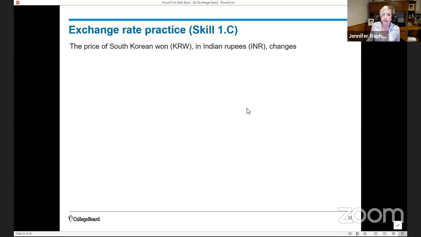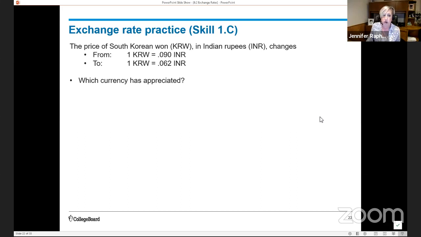Okay, the price of the South Korean won in Indian rupees changes from 1 won costs 0.090 rupees to 1 won costs 0.062 rupees. So now I want you to do this one. Which currency has appreciated? Which currency has gone up in value?